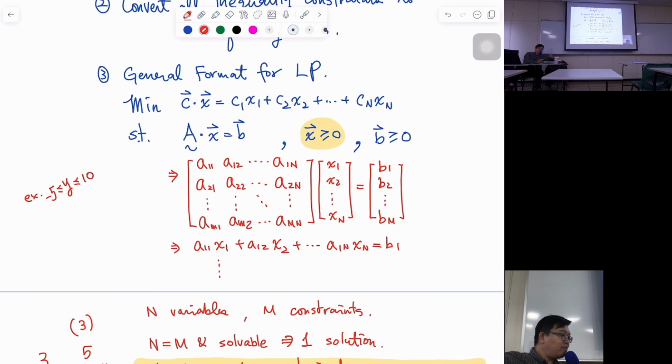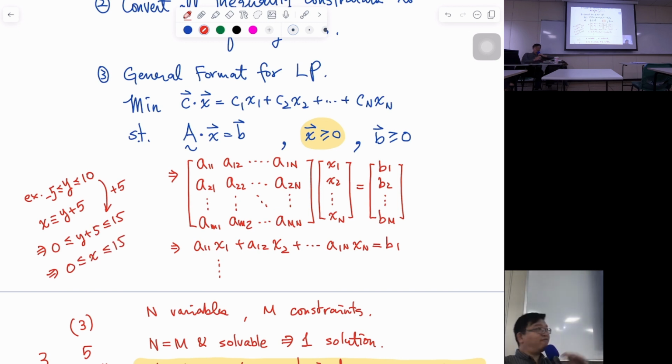So if you use this variable for linear programming, you will have a problem because your y can be negative. Then you can define a new variable called x, and x equals to y plus 5. Then plus 5 on everything, you then have y plus 5 is smaller than 15. So in the end, you have positive x. Basically, you have a variable shift by 5.